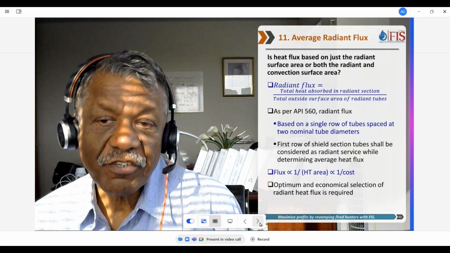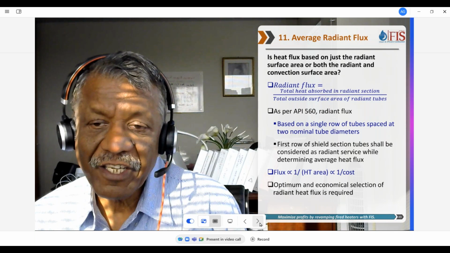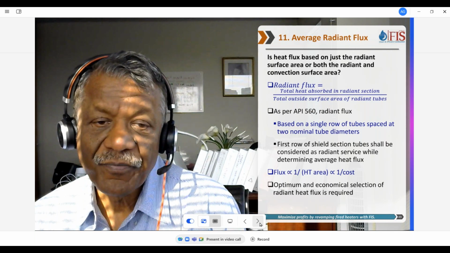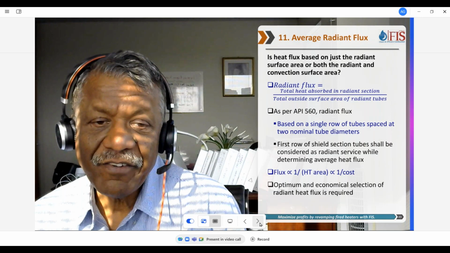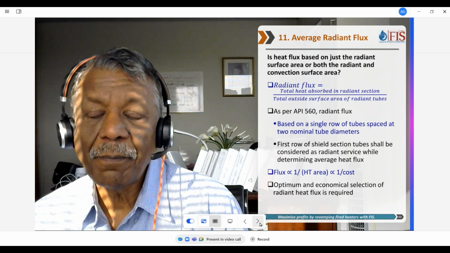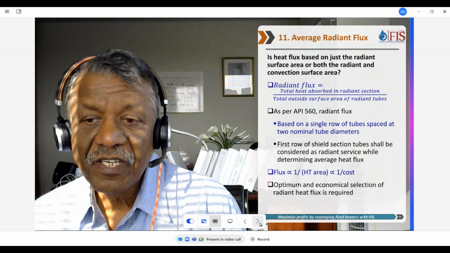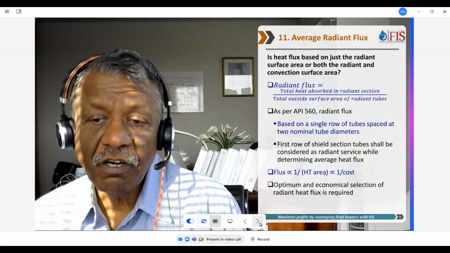And the cost, of course, if you specify lower flux, the heater cost is going to be a little higher. So anyway, you have to think about whether you are talking of the initial cost or the operating cost.